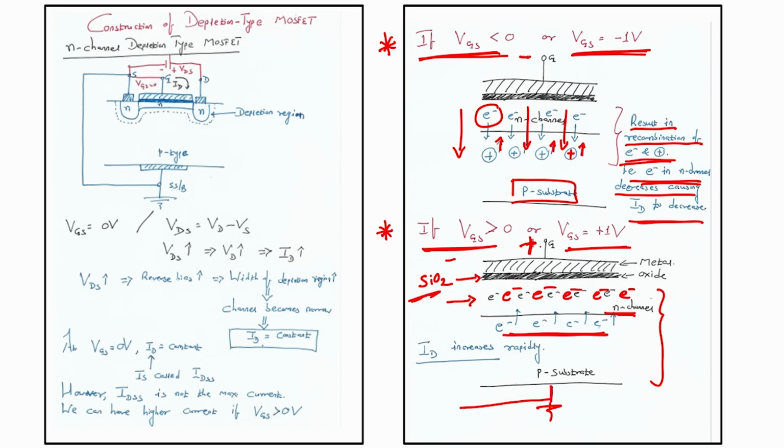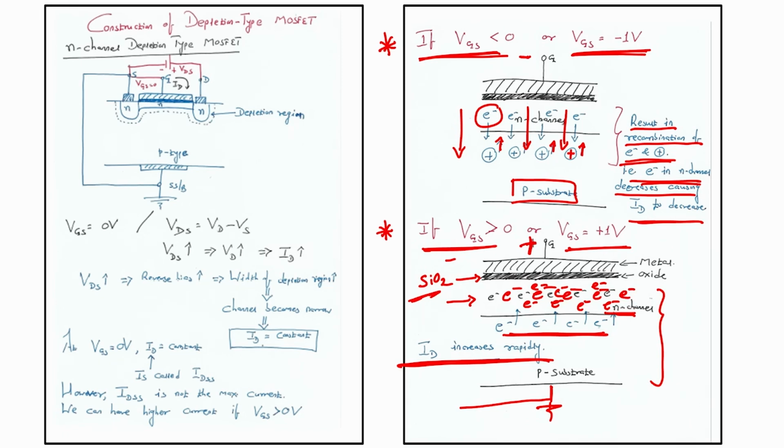Now, if I apply positive with respect to the substrate, then what will happen? The electrons that are minority carriers from the p substrate will be pulled up, and there will be more electrons in the channel, that will cause my ID to increase rapidly. Very easy, right?